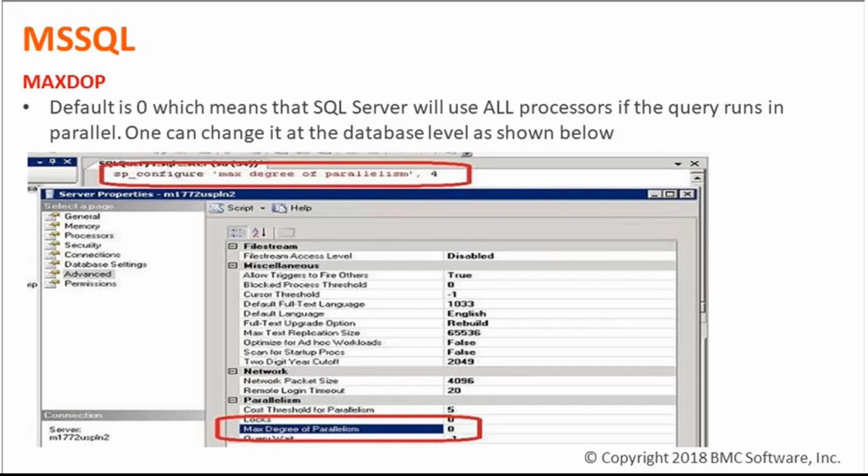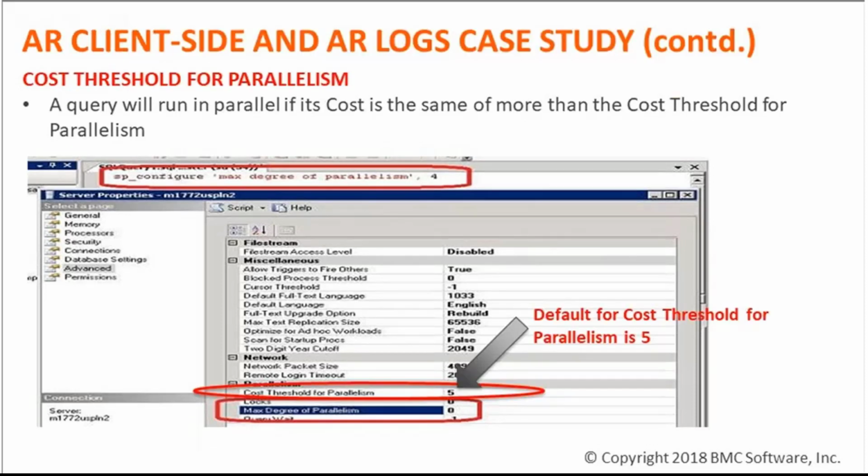And there is another parameter called the cost threshold for parallelism, which works in conjunction with your max degree of parallelism. Again, this is something that you can configure in the same property screen as the max degree of parallelism. In this case, the default is 5.